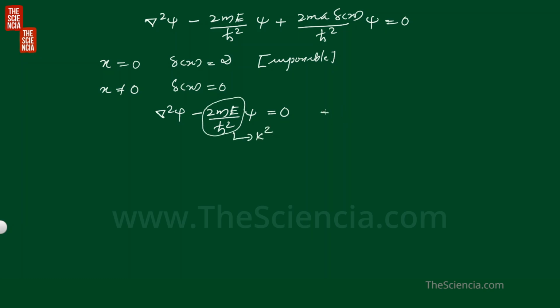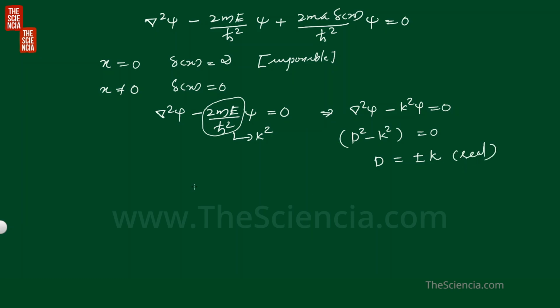That is, del square psi minus k square psi equal to 0. So this is in the form of a differential equation, that is D square minus k square equal to 0. That is, the solution of this differential equation will be plus or minus k. These are the real values.